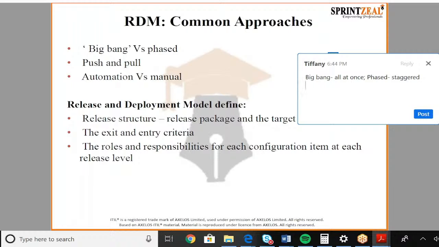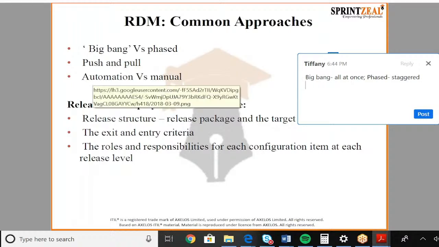There are a number of reasons why an organization would pick one over the other. Sometimes the big bang is too risky for a release, and they say we want to do a phased approach. We want to do a staggered approach because we only have a limited amount of resources that can monitor the success of this, or could provide assistance if something goes wrong.